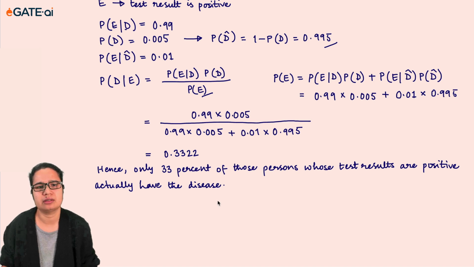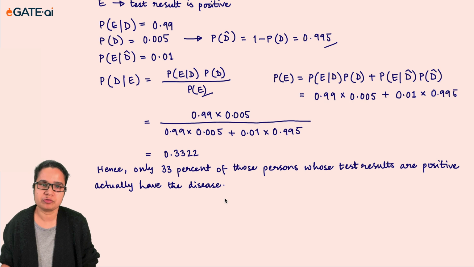Now let's look at a different interpretation, a second interpretation for the same problem, so that it becomes a bit more clear to you how such a low 33% rate is coming, right? So let's take a different approach to solve the same problem.